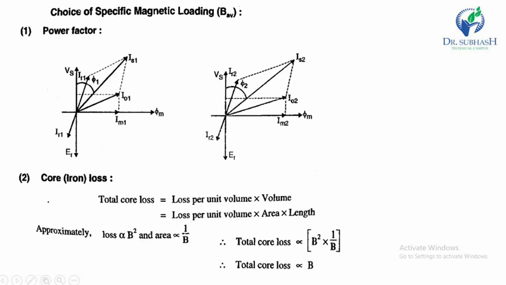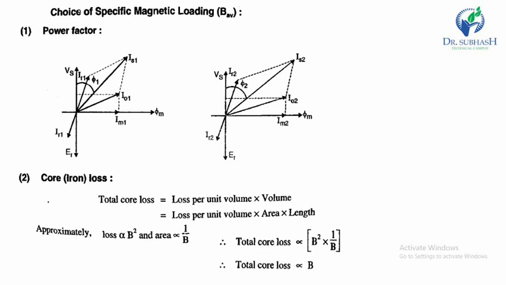Now we will see how the choice of specific magnetic loading BAV affects a number of parameters like power factor, core losses, overload capacity, armature reaction, frequency and size of machine. First of all, we see the power factor.